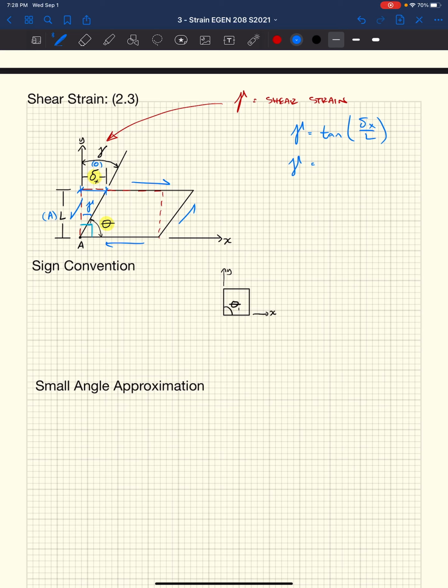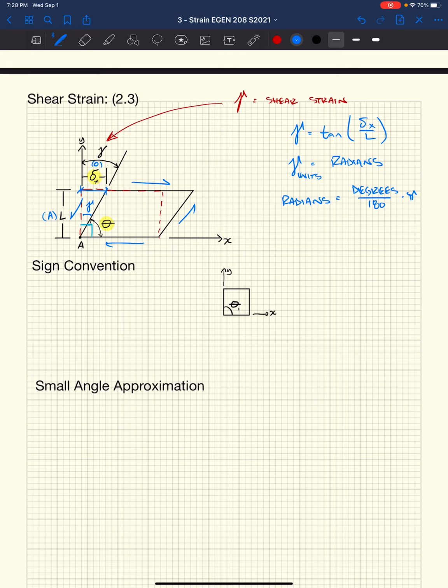So the tangent of delta over length, well, it's unitless. The tangent of that number, though, gives us units of radians. And you had this in math class. Radians equals degrees over 180 times pi.